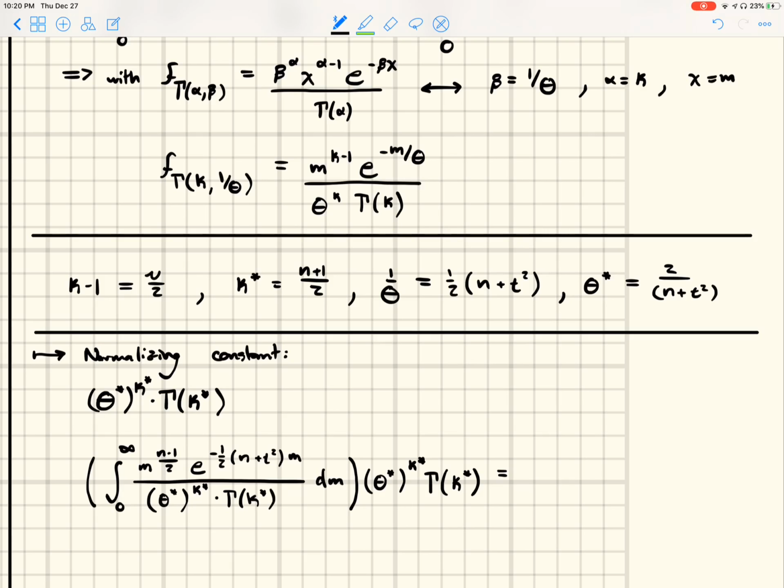We're transforming it. And what we notice is that the integral from 0 to infinity is simply equal to 1. It's simply 1. And that follows from the definition of the gamma distribution, and it's 1 times our normalizing constant.